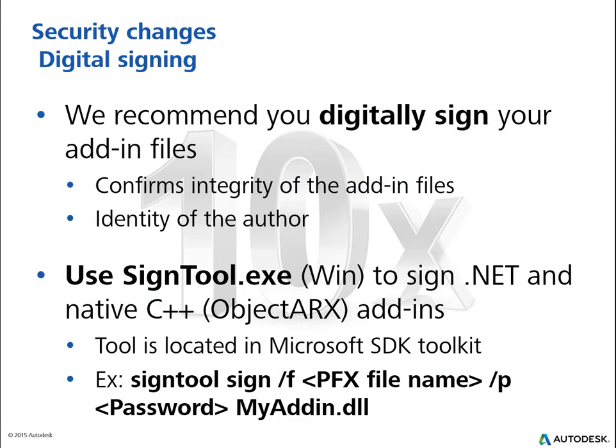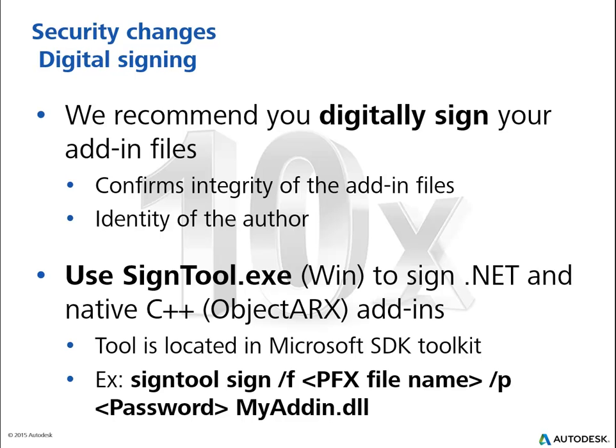On the security changes, we recommend you digitally sign your add-in files. That will confirm the integrity of the add-in files and avoid the files being changed by any virus, for instance, and also identify the author of the code.